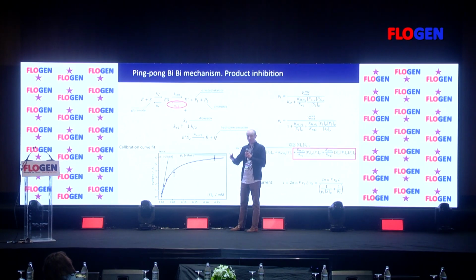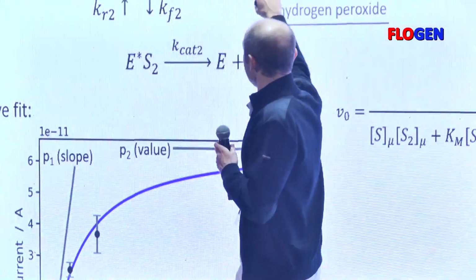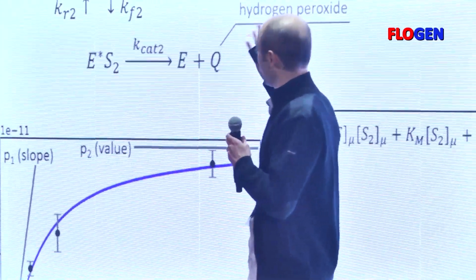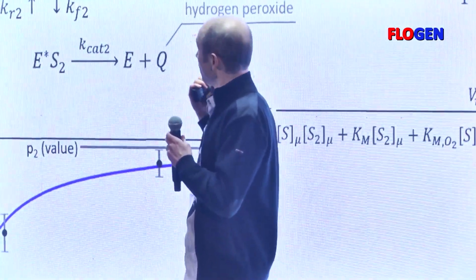This immediately affects the enzymatic efficiency, because part of the enzyme will work, I would say, backward, and the efficiency in the creation of hydrogen peroxide will be compromised.